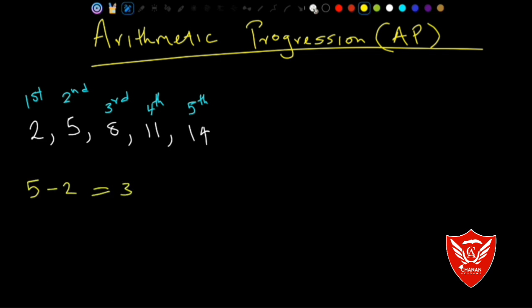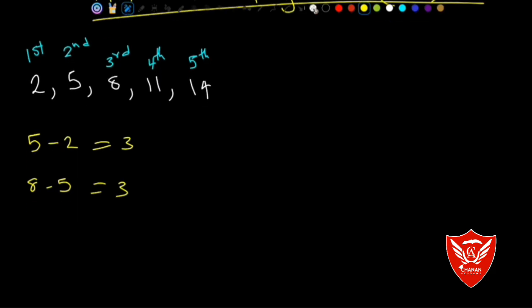The difference is 3. The difference between the third term and the second term is 8 minus 5, also 3. The fourth and the third is 11 minus 8, which is 3. The fifth and the fourth is 14 minus 11, that will be 3. So you see that the difference between each of them is constant.